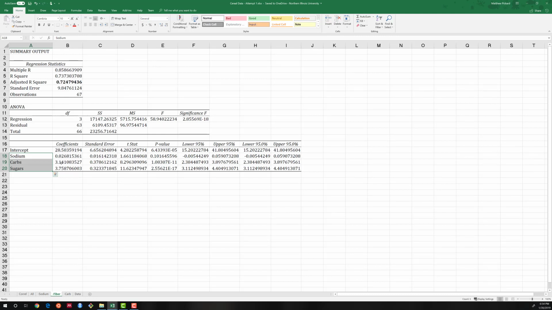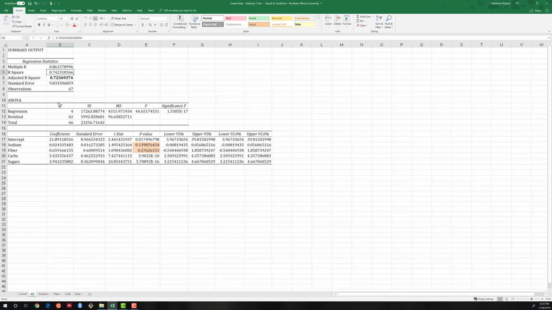So let's actually say that we decided that wasn't a big enough difference in the adjusted r-squared to merit keeping it, because after all, is it really practically significant if adding fiber in there only helps us explain? See, there we got 73.7. With it in there, we have 74.2. It's less than 1% more explanation of the variance in calories.